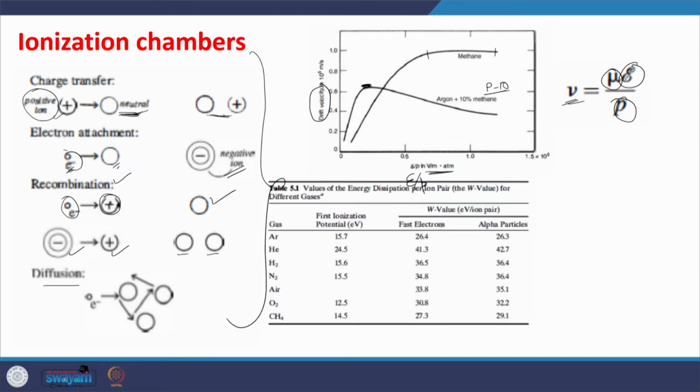All right. Just for your information, this table gives you values of energy dissipation per ion pair, where we use the symbol W. The energy required to produce one electron ion pair in case of a gas, or one electron hole pair in case of a semiconductor or scintillator material, is called the W value.